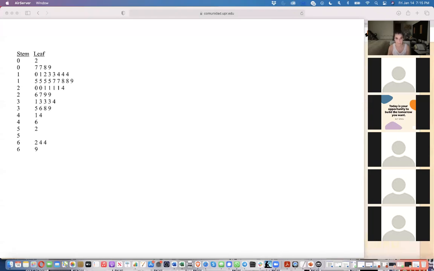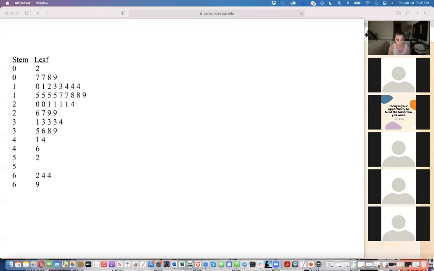Okay, so this is my stem and leaf plot, split stem and leaf plot. I'm going to do it for the first data set. Oh no, let's start here. I'll do this one and then we'll go back to the first one.